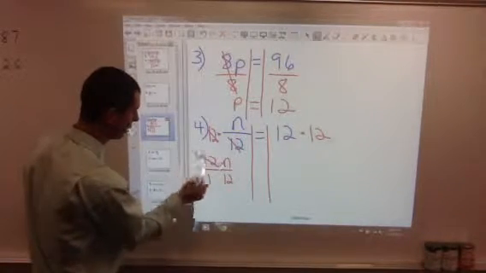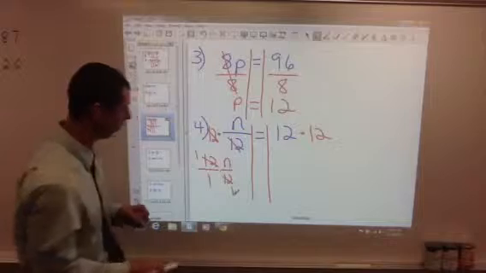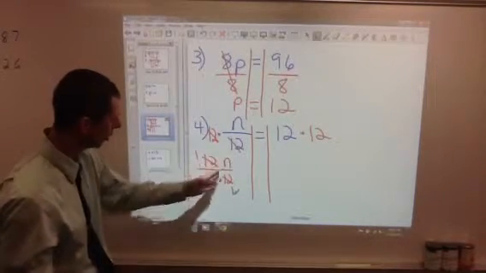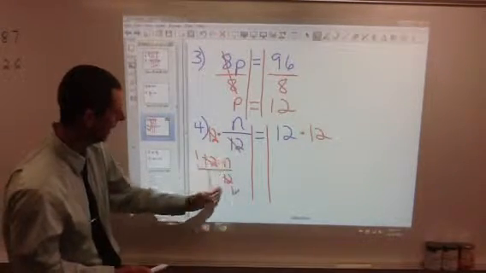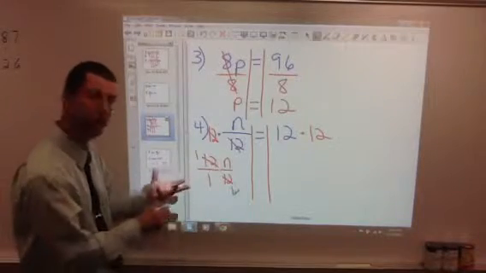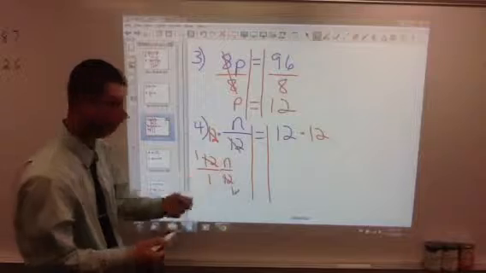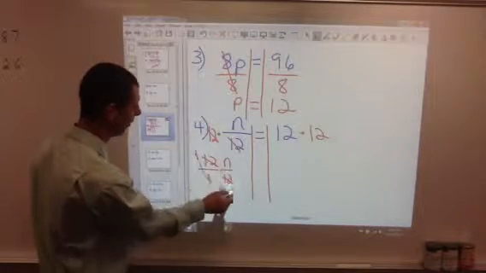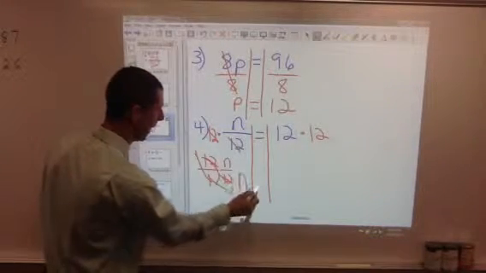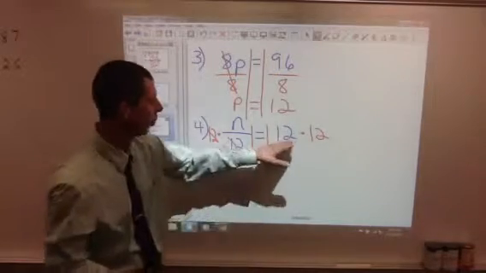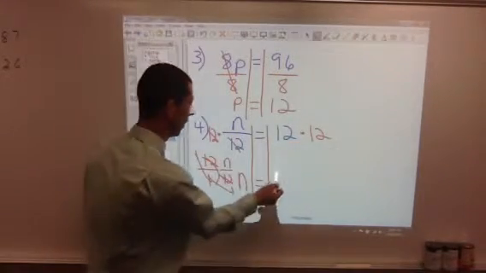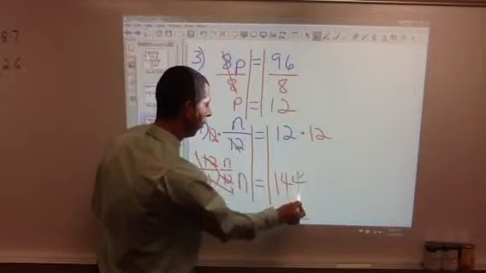So when you reduce here, 12 goes into 12 once, 12 goes into 12 once. So when you multiply this, you get 1n over 1. And that goes back to problem number 1 that we did. That's whatever n is then. So we don't need all these other numbers here, so our answer is going to be n. So n equals 12 times 12, which in this case is 144.